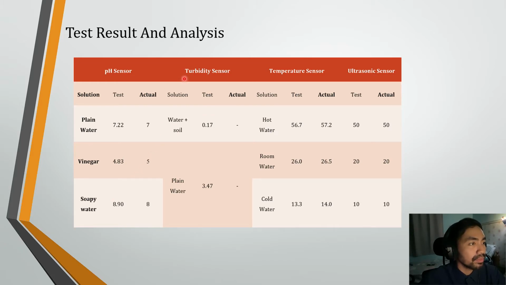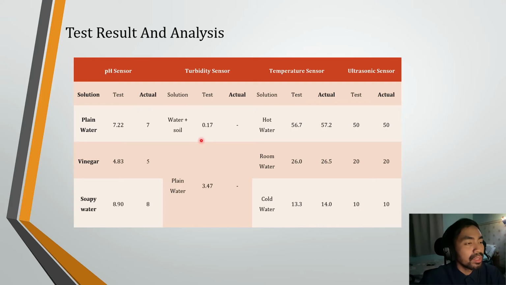For the turbidity sensor, the solution of water and soil is 0.17, and plain water is 3.47.